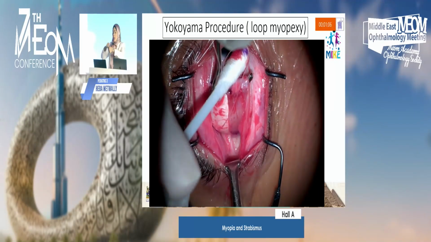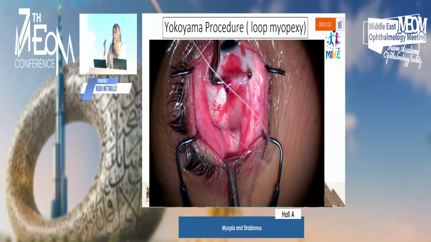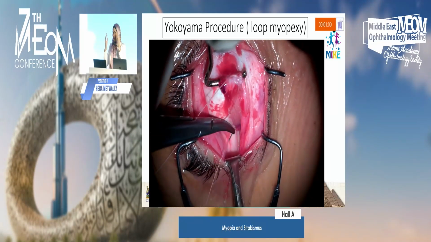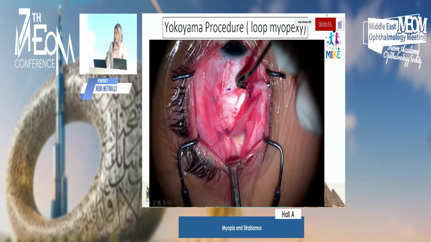When I try to tie both muscles together, the knot will stop at the mid distance between the superior rectus and lateral rectus exactly, without being shifted upward or downward.